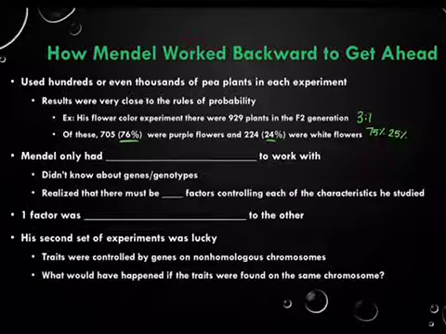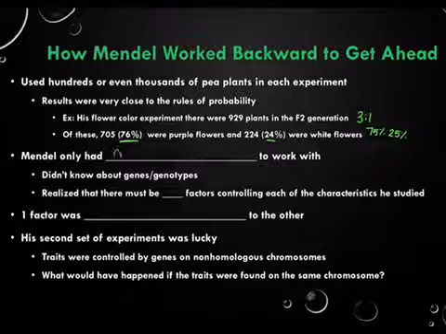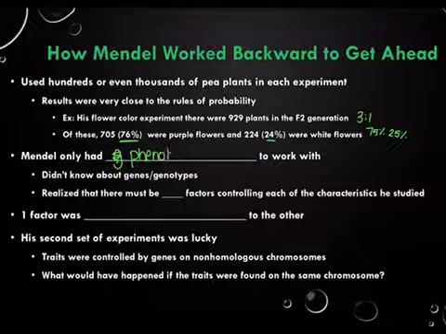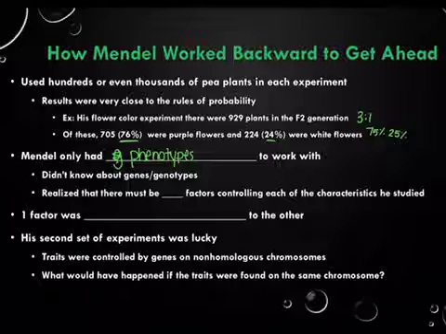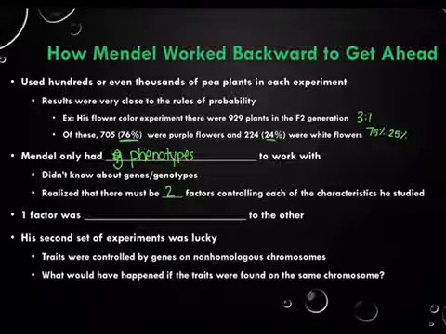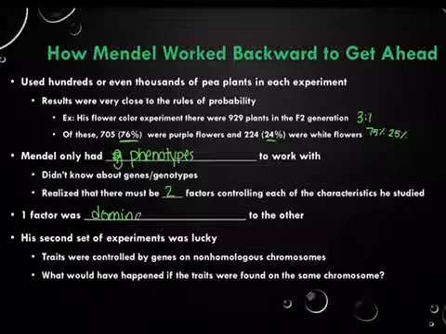So when Mendel was doing his work, he only had the phenotypes to go off of. He didn't know about genes or genotypes, but he realized that there must be two factors that control each of the characteristics he studied, and one of those factors had to be dominant to the other.